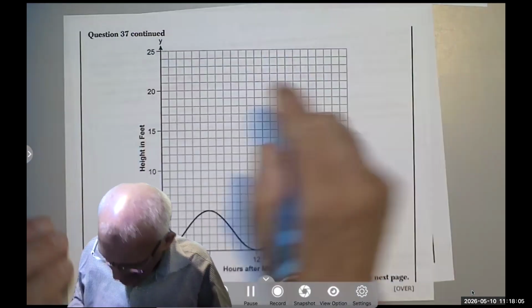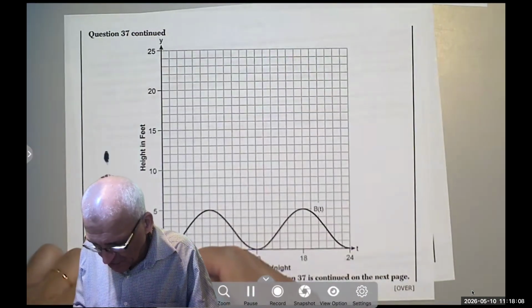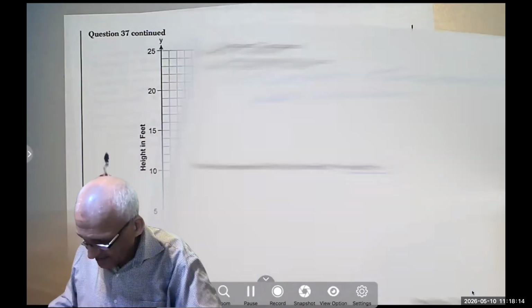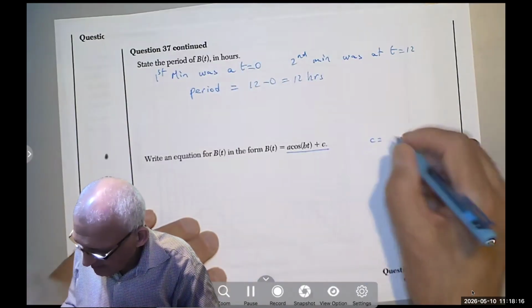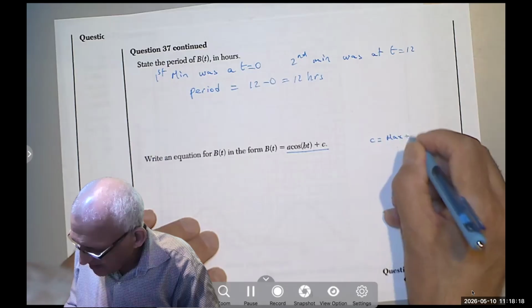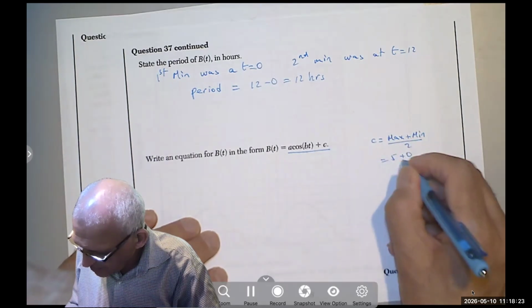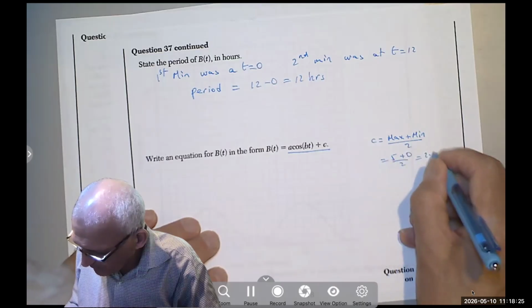Well, the center line is easy because if 0 is the minimum and 5 is the maximum, then the center line, so c, equals max plus min over 2 equals 5 plus 0 over 2 equals 2.5.